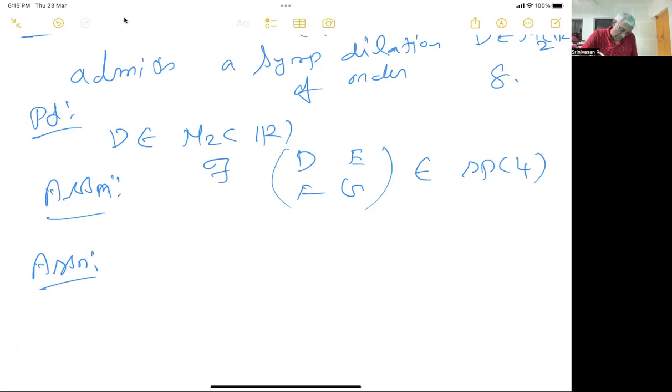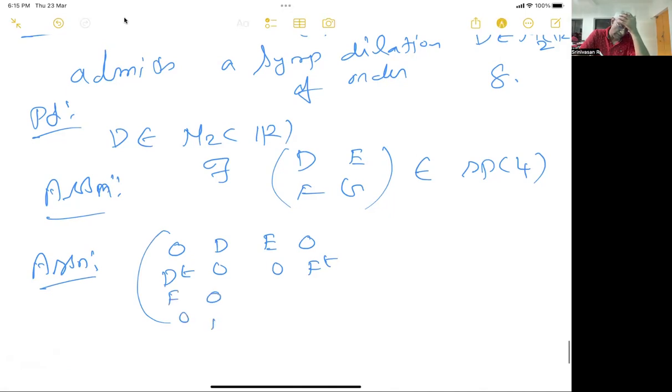So what we get is the following: 0 D transpose 0 E, 0 F transpose, F, 0 E transpose. There is a minus here. Finally, G 0 G transpose minus G transpose 0.